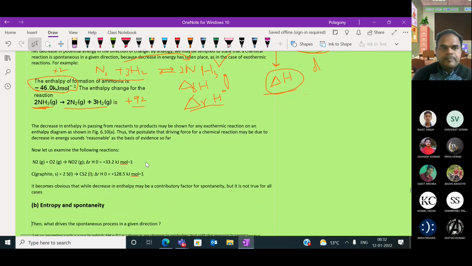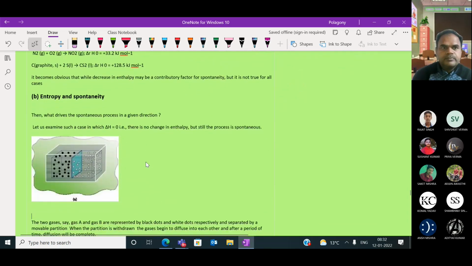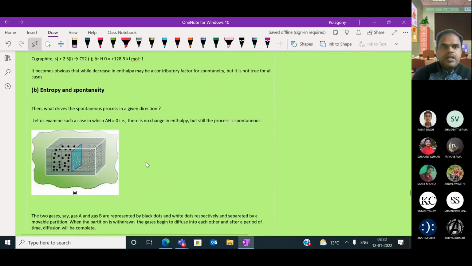Right? So from this chemical equation what we understand is that the decrease in enthalpy is a main factor for the spontaneity. But is it so for all cases?